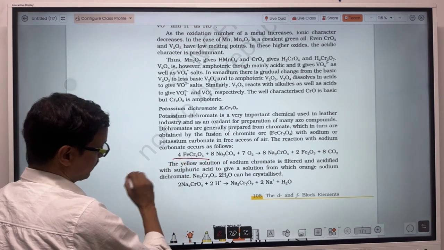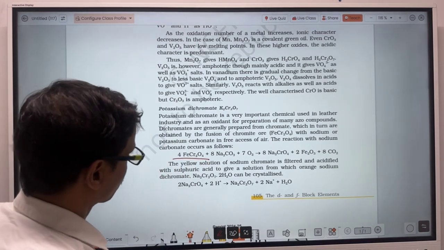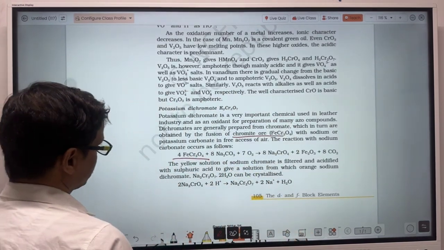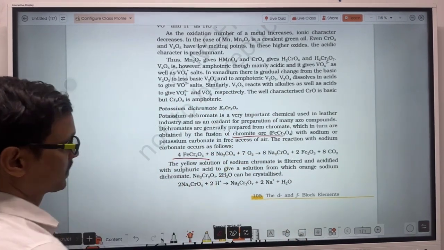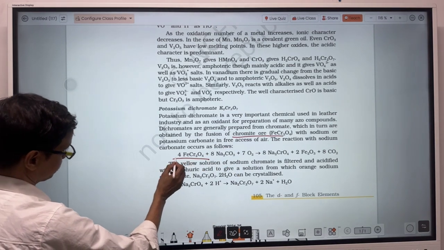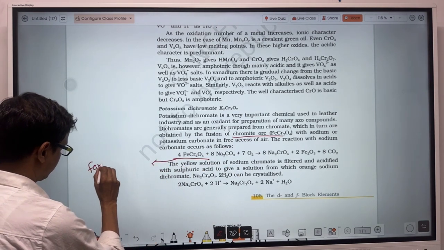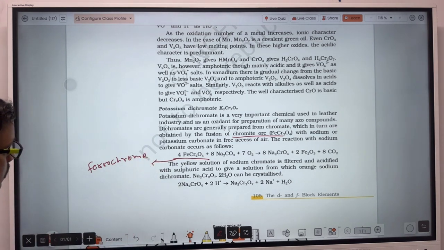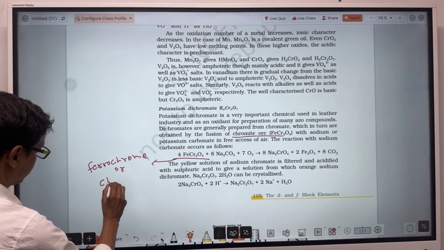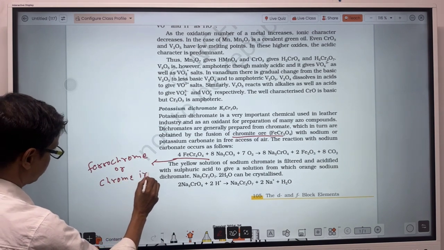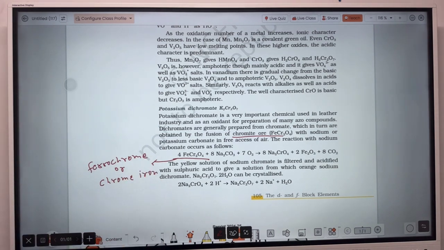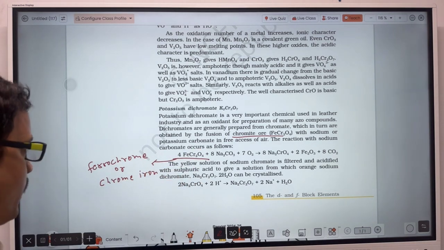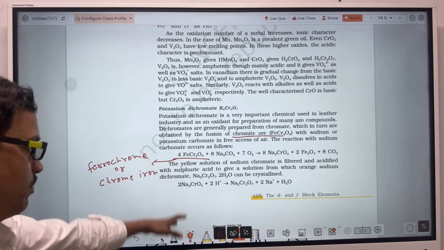This is an ore that is called ferrochrome, or chromite iron, or chromite ore.